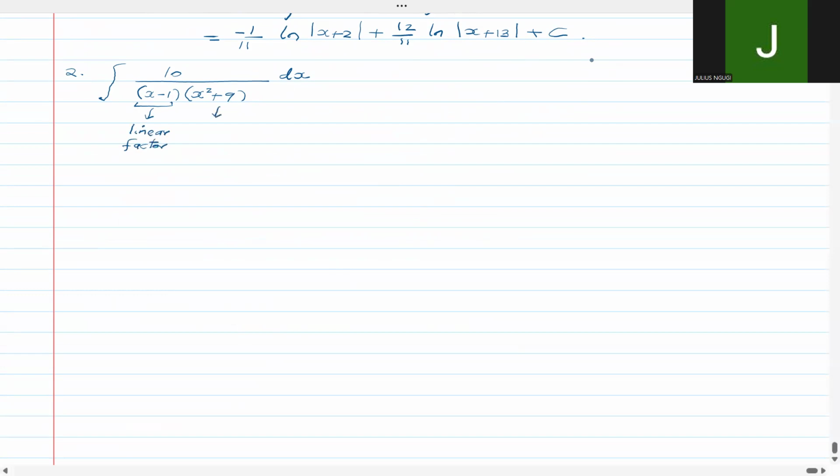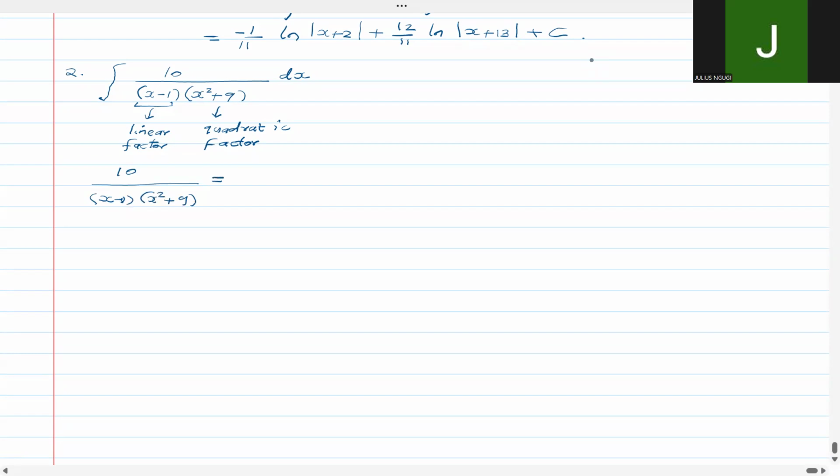And this one, the highest power of x is 2, so it's a quadratic factor. And that means we will have another arrangement of our simple or partial fractions. So we write the integrand 10 over x minus 1 times x squared plus 9.